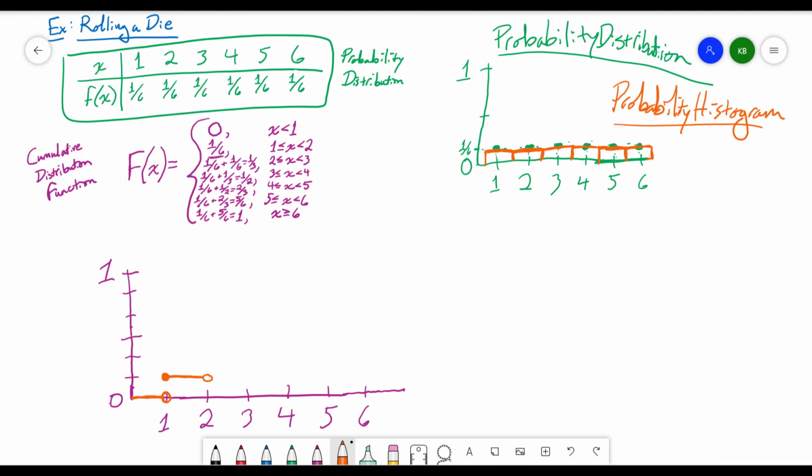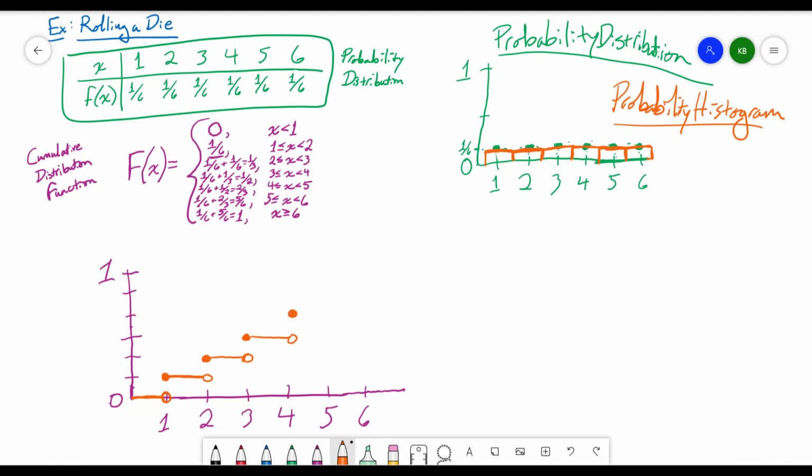But any value for my random variable between 1 and 2 is going to have a cumulative probability of 1/6. And then I do the same thing between 2 and 3, bumping up to 1/3 as my y value. The same thing between 3 and 4, bumping up to 1/2 as my y value.